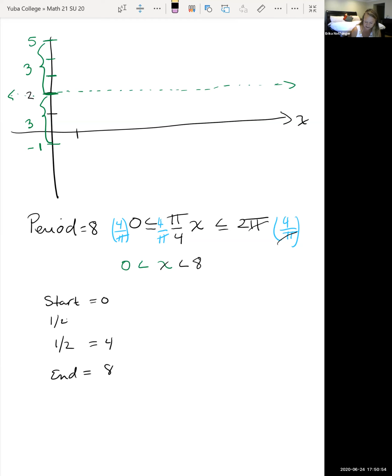Our quarter mark is halfway between 0 and 4, which is 2. Our 3/4 point is the halfway mark between 4 and 8, which is 6. And so our important points are 0, 2, 4, 6, and 8.